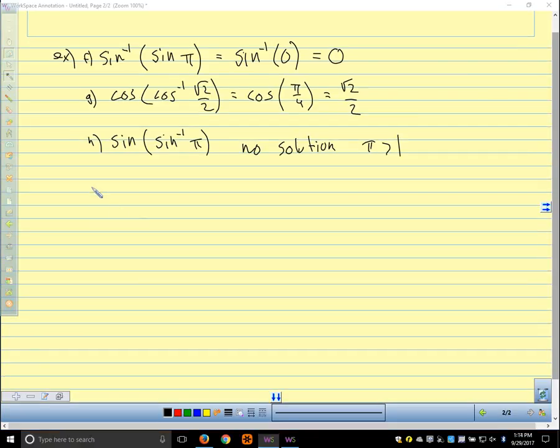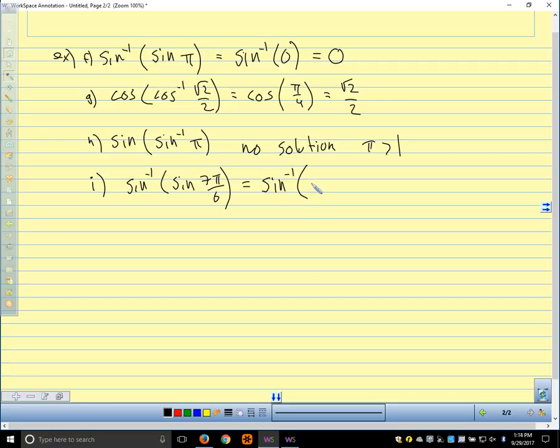All right, last one. F, G, H, I. Inverse sine of the sine of 7 pi over 6. Is it 7 pi over 6? No. So let's do this inside out. What is the sine of 7 pi over 6?